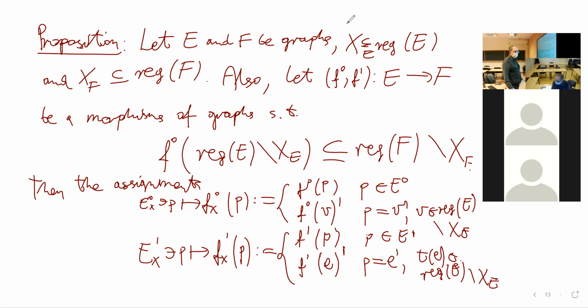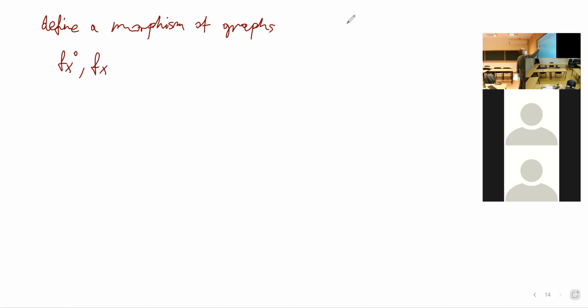Okay, so then the assignments define the morphism of graphs F X naught, F X 1.